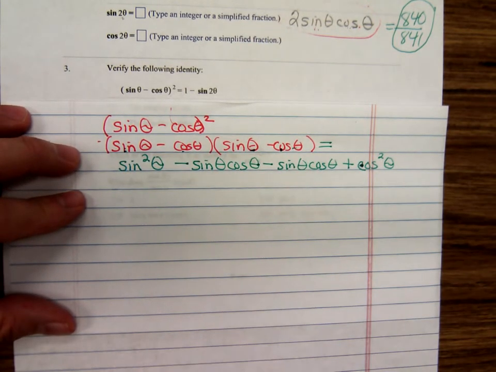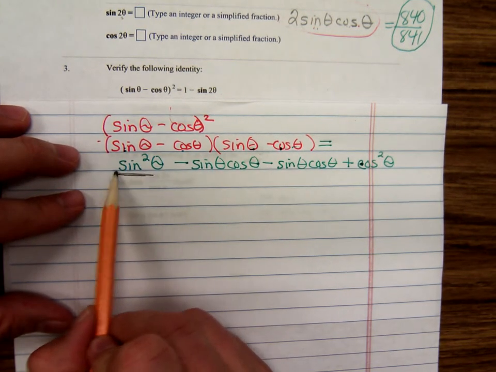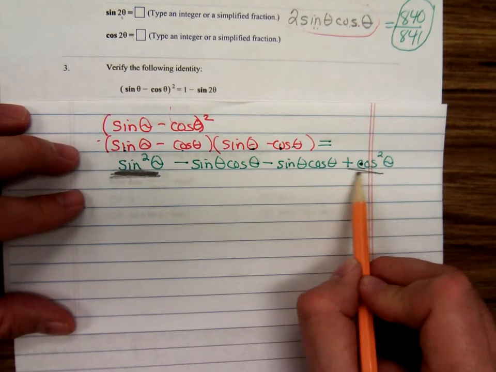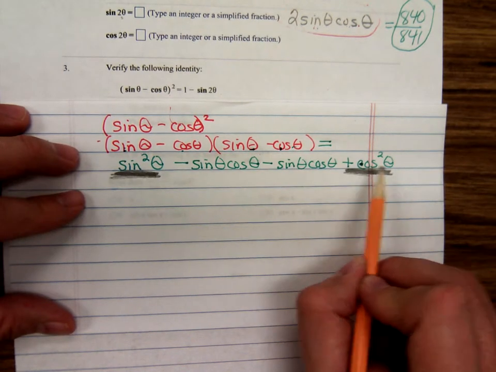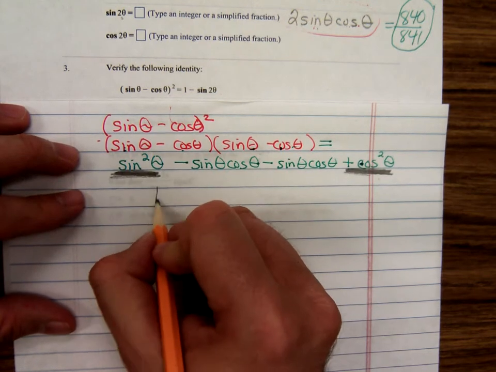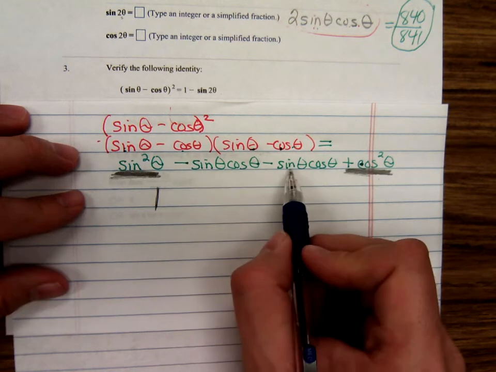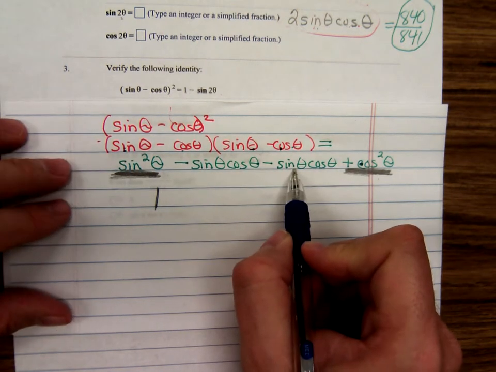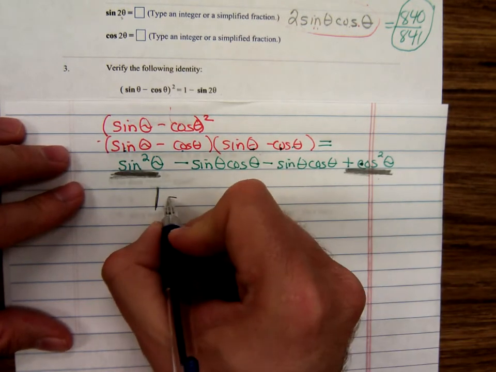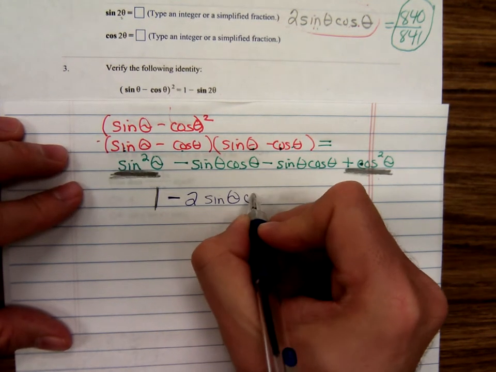So let's see. How do we get a 1 out of this? Here's a sine squared theta plus cosine squared theta. So the two things I've underlined, sine squared theta plus cosine squared theta, is a 1. And then the two remaining terms, negative sine theta cosine theta minus sine theta cosine theta, negative 1 plus negative 1, is that a minus 2 sine theta cosine theta?